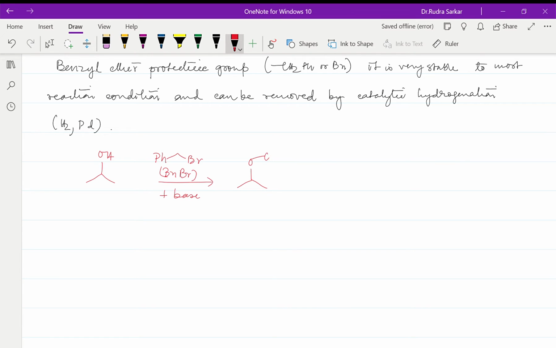So it will lead to the formation of this ether, also represented in this way. Now, how to deprotect the ether and regenerate the alcohol? Simply adding H2/Pd will reduce it to remove the Bn protecting group.